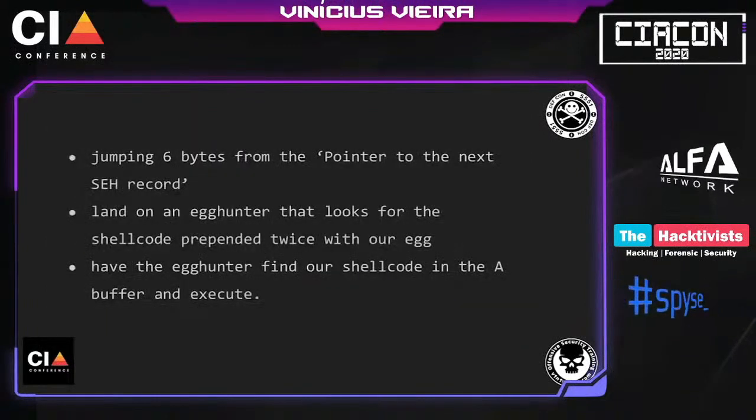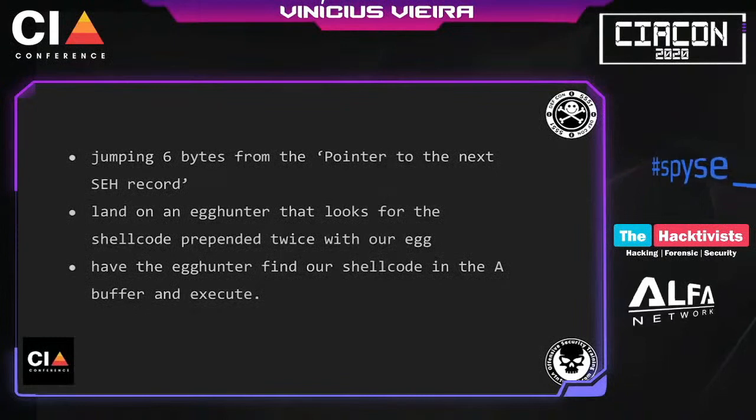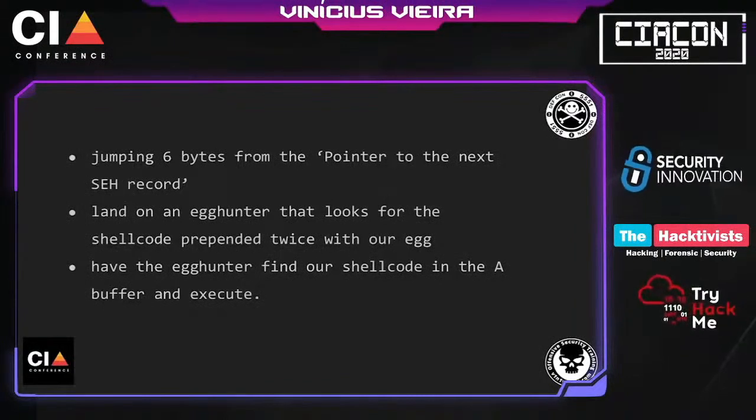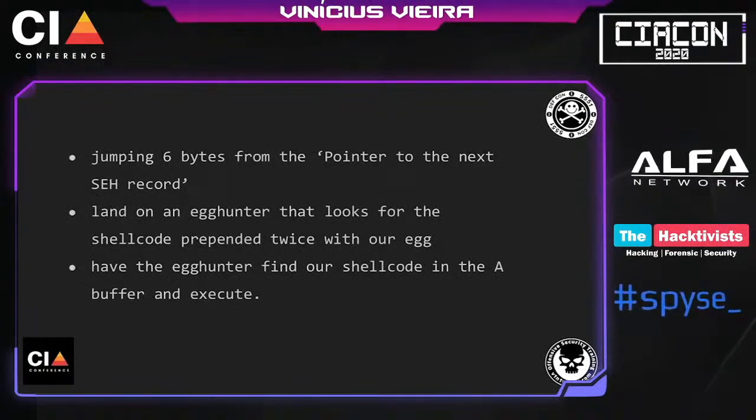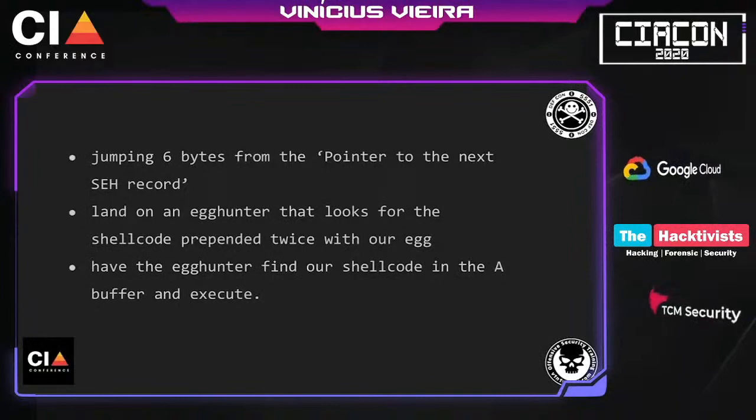Instead of jumping back 768 bytes with our pop ECX decrement jumping to ECX, we could also simply squeeze an EggHunter into our C buffer that we are jumping 6 bytes forward into.